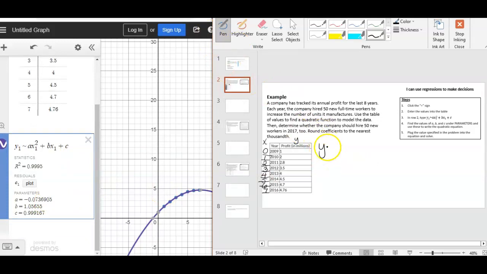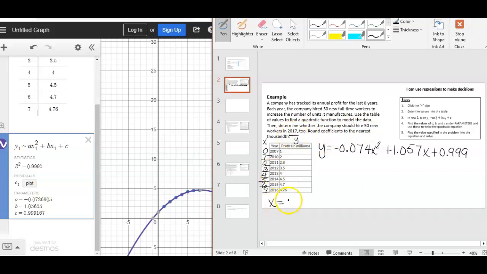It's going to be y equals, and I'm going to round to the nearest thousandth, so I have negative 0.074 x squared plus 1.057x, and then plus 0.999.